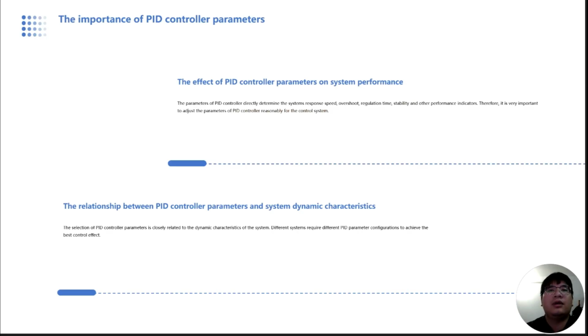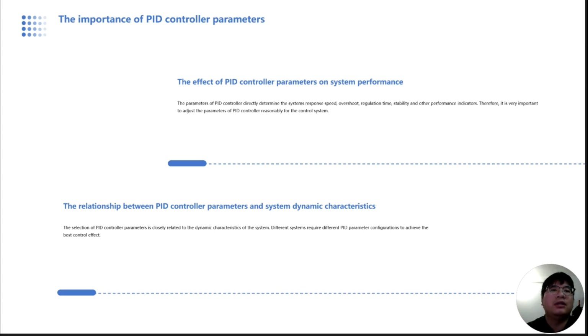Why is parameter tuning so important? Because the three parameters of PID, KP, KI, KD, determine the personality of our system. KP determines how fast the response is. KI determines how high the accuracy is, and KD determines how stable the system is.